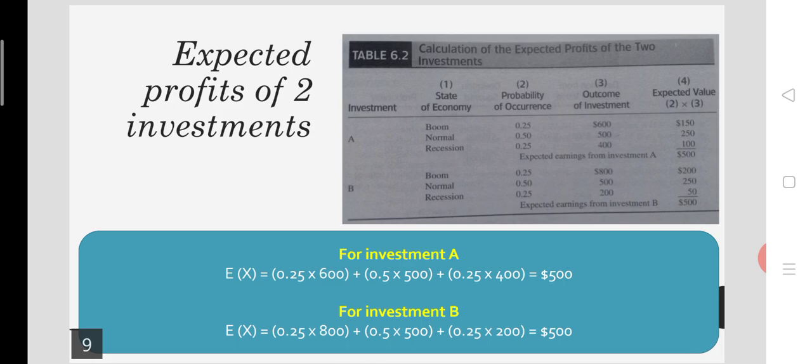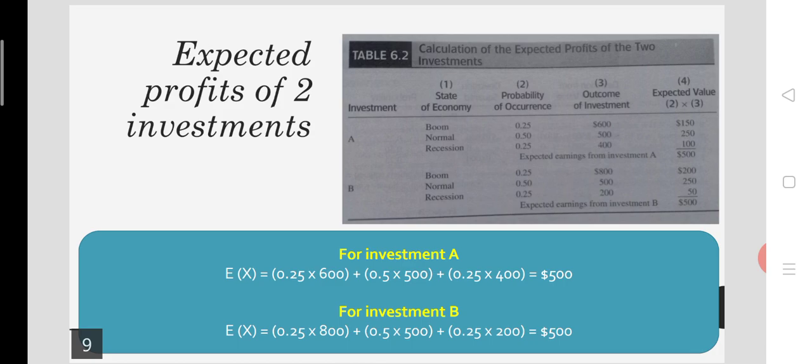Each possibility has a different probability. The boom period could happen with a probability of 0.25, and the normal situation is more likely, with a probability of 0.5, that means 50%. A recessionary trend could happen with a probability of 0.25, or 25%.